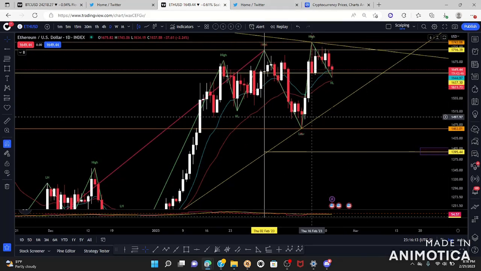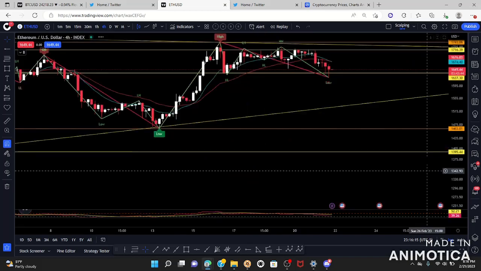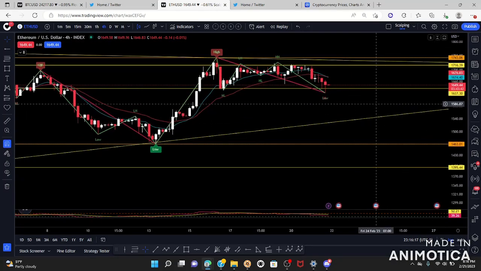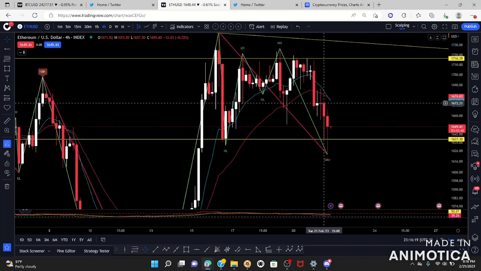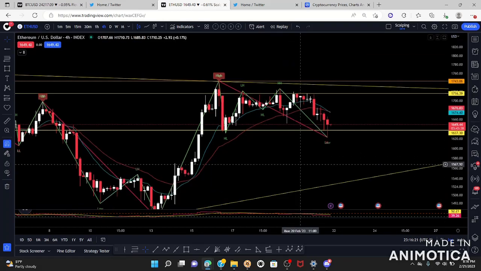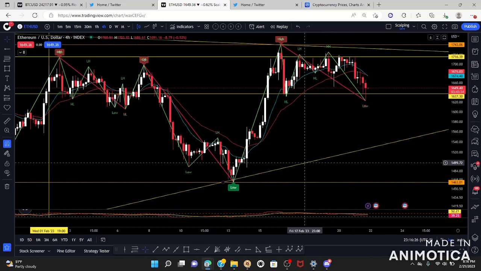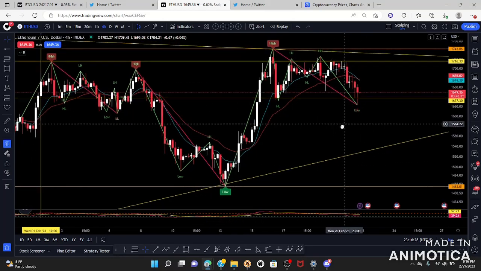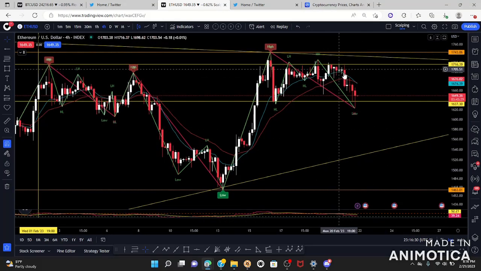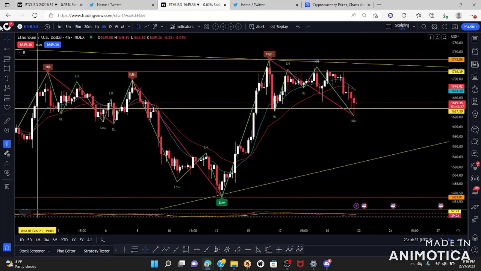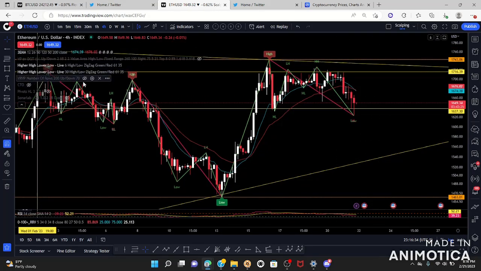Price action is above 12 and 26. 4 hours, wow, we have officially crossed the 12 and the 26. That's a big thing for me.